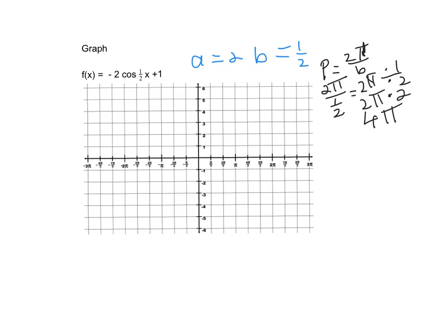Okay, so my full cycle will take me to 4 pi. So that will be the full cosine curve, the down, down, up, up. In this case, it's negative, so it would be up, up, down, down. So it would take me to 4 pi.